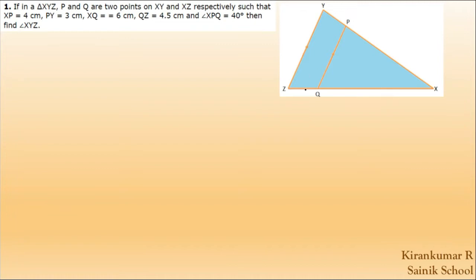It is given that XP from here to here, it's 4 cm, PY is 3 cm, QZ is 4.5 cm, XQ is 6 cm, angle XPQ is 40 degree. We need to find the angle XYZ.